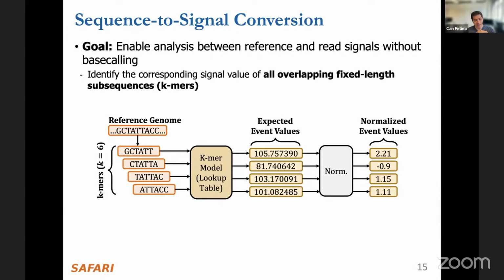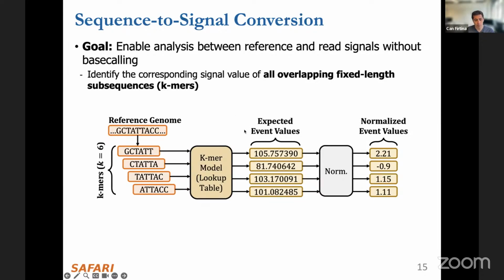And we can then map what sort of current signal we may be reading when we have that particular 6 bases in the nanopore. So if we can estimate what sort of signal values we could read from this particular 6-mer, we can actually map these 6-mers to their expected signal values. We're going to call them event values because theoretically each event corresponds to a particular k-mer.